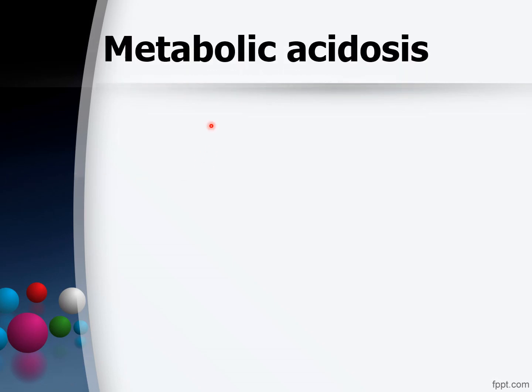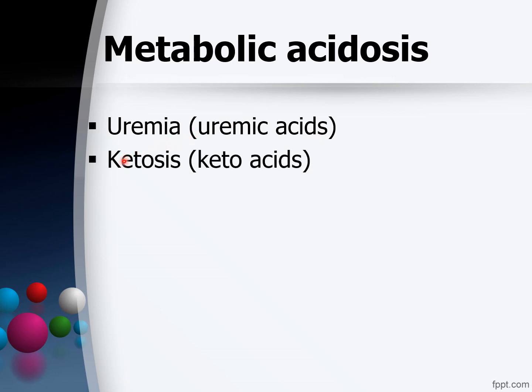These are the common causes of metabolic acidosis in veterinary medicine. The first is uremia. Uremia can be due to an end-stage kidney failure, and it can lead to the formation of uremic acids. We also have ketosis, which can lead to the formation of ketones and keto acids.